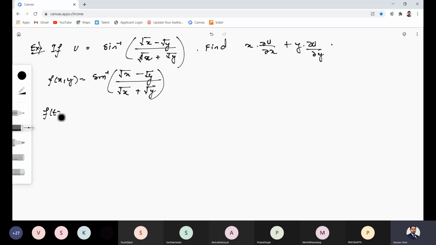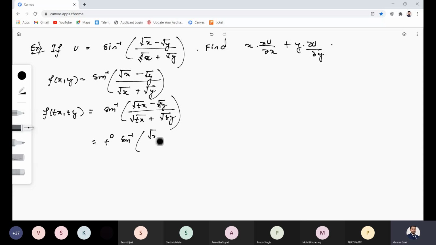So f of tx comma ty will be equal to sine inverse of root tx minus root ty upon under root tx plus root ty. So root t will get cancelled out from the numerator and the denominator. So what we get is t raised to 0 sine inverse of root x minus root y upon root x plus root y. So u is homogeneous of degree 0.